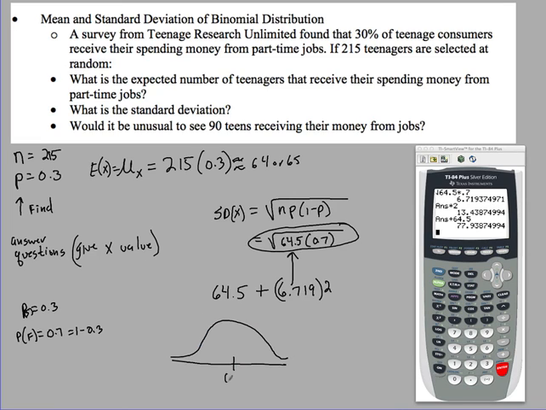If this is 64.5, anything over here is unusual, more than 2 standard deviations. So I do 64.5 plus 2 times 6.719. Well, this number came out to be 77, which is somewhere over here. Or, wait a second, I'm sorry.